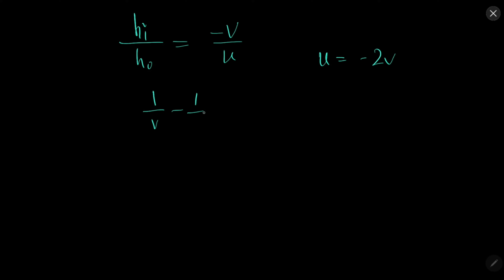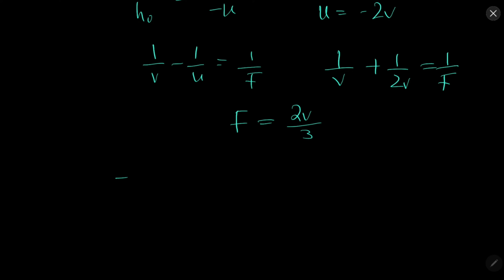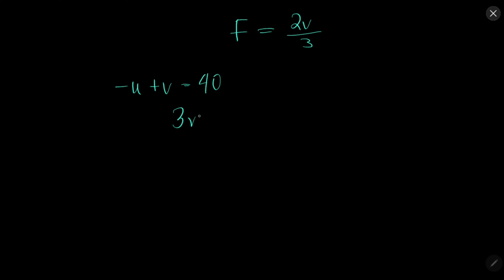So 1 by V minus 1 by U equal to 1 by F. This is minus. So from here what we will get is 1 by V plus 1 by 2V equal to 1 by F. So F will come out to be 2V by 3. Now again minus U plus V equal to 40. So 3V equal to 40. So V equal to 40 by 3.